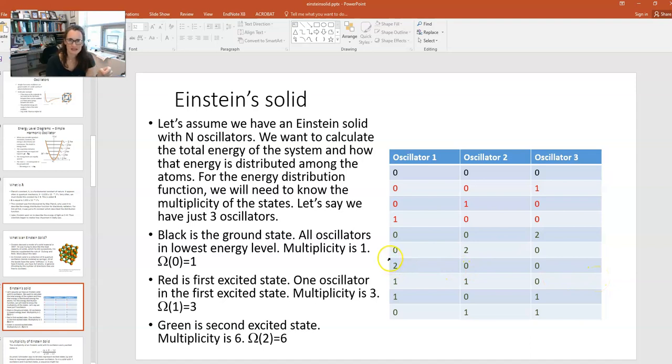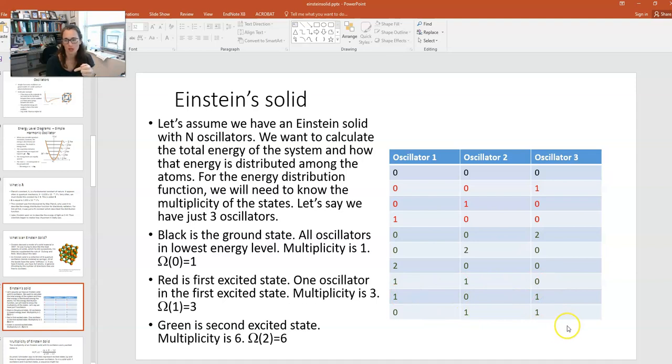The next is if 2 of the oscillators have an excited state and one of the oscillators doesn't have an excited state. Okay, so that's shown here in the bottom 3 rows of my table. In this way, the excited states are distributed amongst oscillators 1, 2, and 3 as 1, 1, 0, 1, 0, 1, or 0, 1, 1.